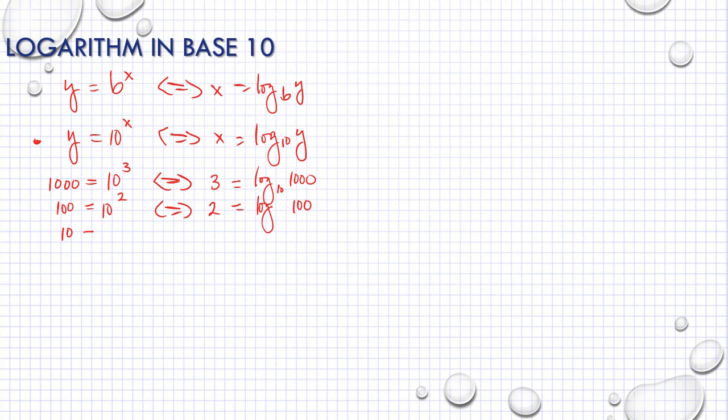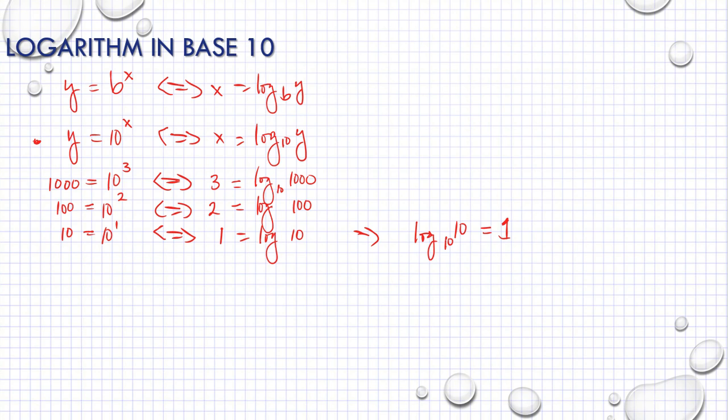Then we have 10 is equal to 10 raised to 1, if and only if 1 is equal to the logarithm of 10. I'm going to show you later that this applies to any base. That means if I have the logarithm of 10 with base 10, if the base and my y are the same, then it is always 1. I will show you that later.